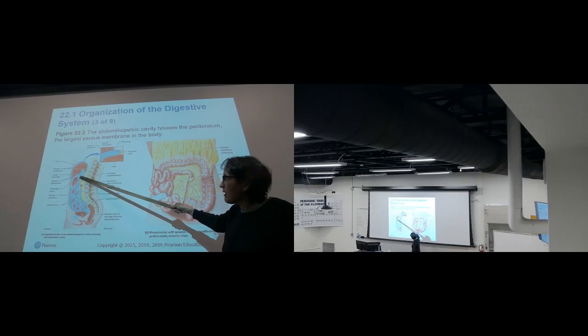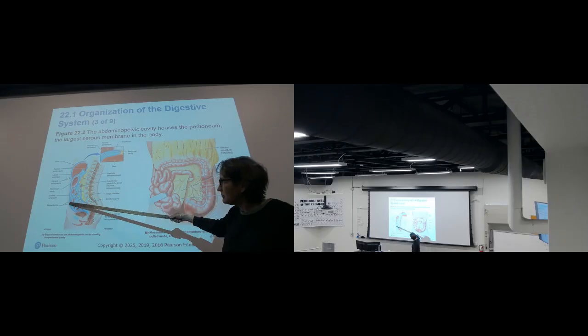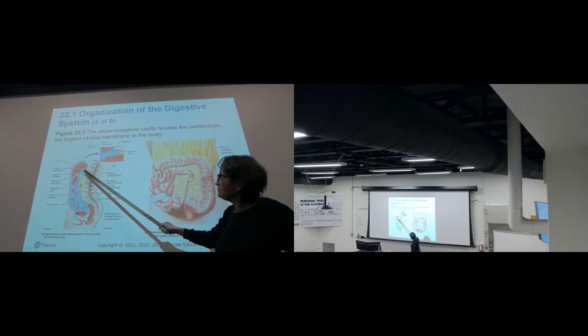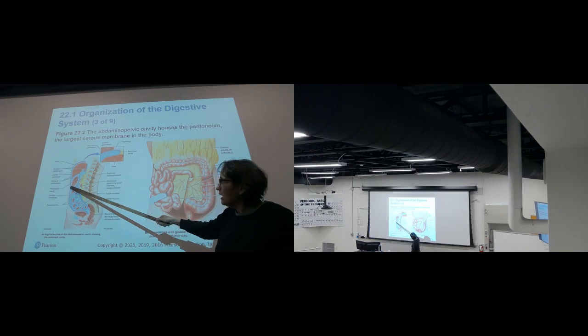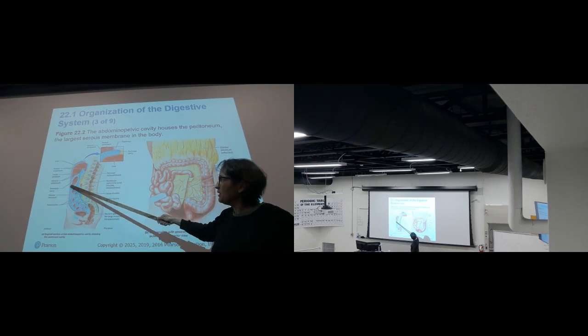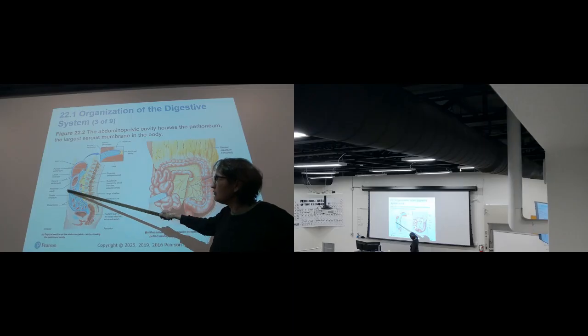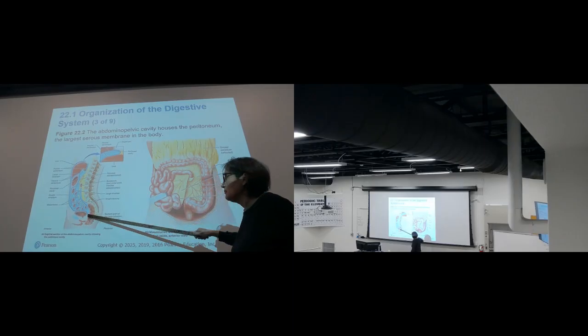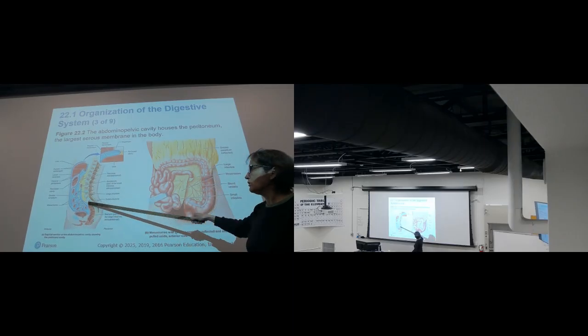So here we have the lesser omentum connecting the liver to the stomach. And then here we have the greater omentum. And internally, our peritoneal cavity is covered by the visceral peritoneum, and externally we have the parietal peritoneum, which is all these.